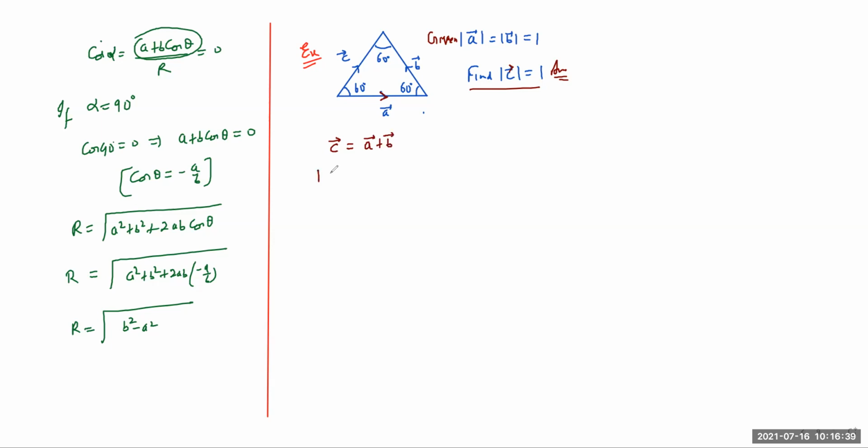If I take modulus on both sides, I get mod of A plus B. This is how we start. Because we know the angle between A and B, I have to put A and B here. So now we apply the formula: A square plus B square plus 2AB into cos of the angle between A and B, which is 120 here.